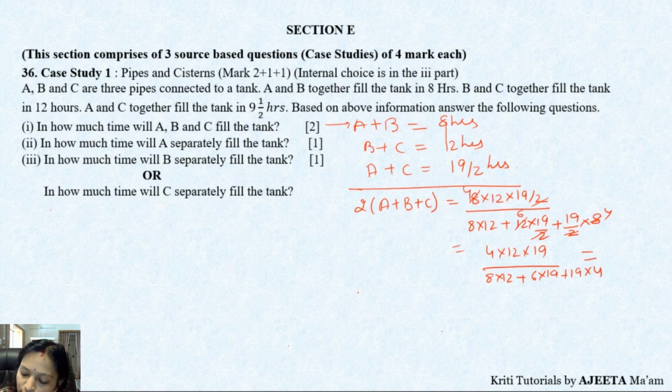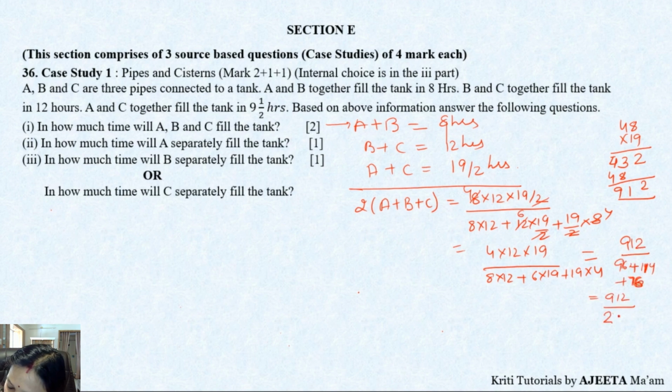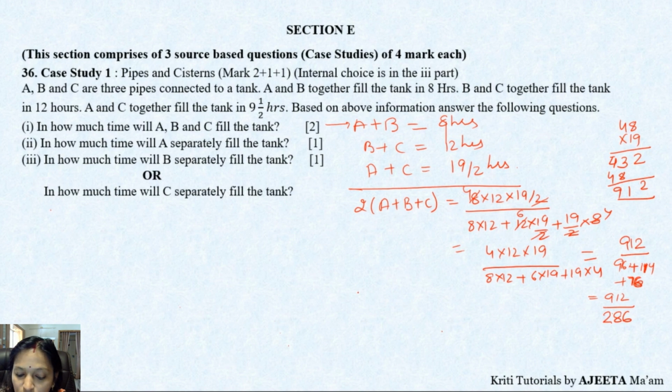So 12 fours are 48, 48 into 19. So what do you get? 9 eights are 72, 7 we get here. So we get here 43 and here we get 48. So 2, 1, 9, 1, 2. That is what you get here. So 9, 1, 30. So we get here 286. So this is what we get here. Now let's reduce it. So we get here 456 and 143.